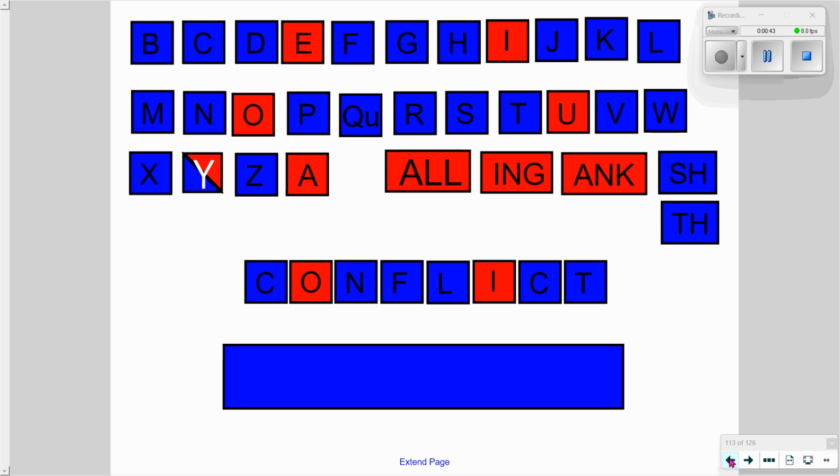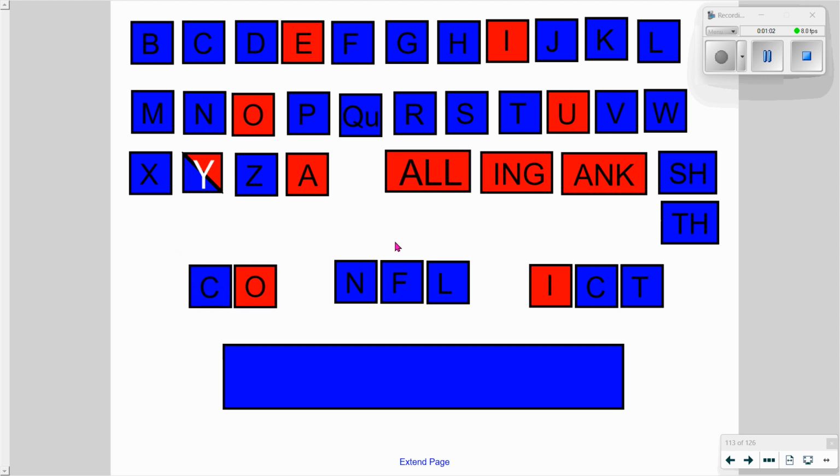Okay, I have some new syllable rules to teach you today, but before I do, let's go ahead and review the rules that we already know. Look at the word that's on the screen. Notice that you have 3 letters between your vowels. So if I pull my vowels out to the side, I have 3 consonants left in the middle.